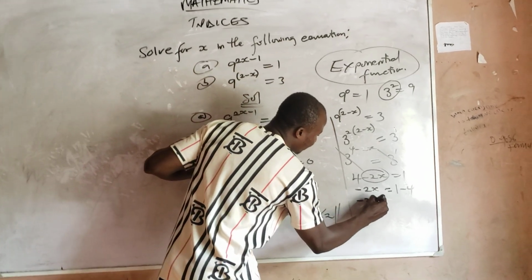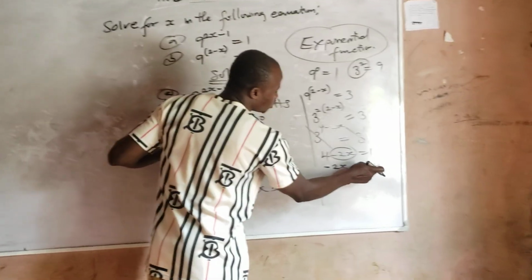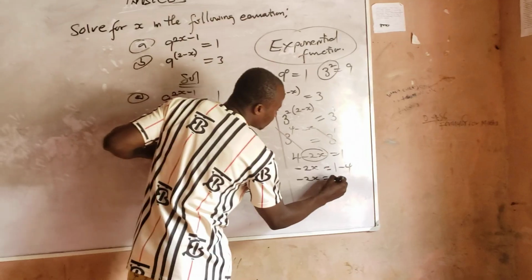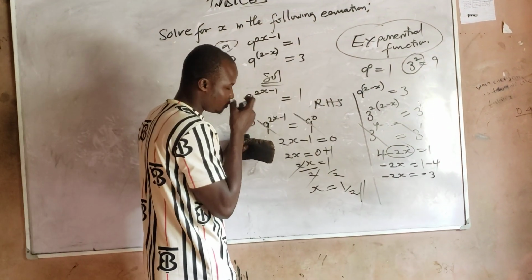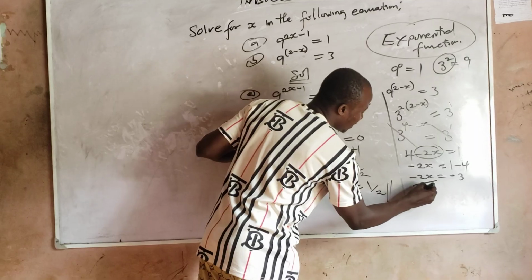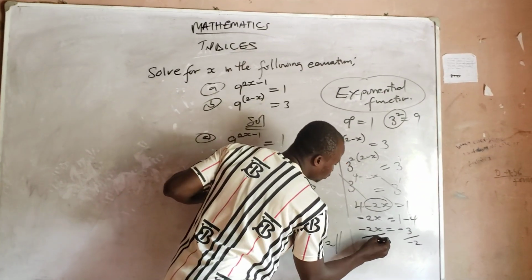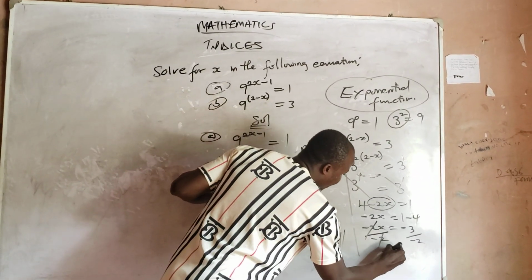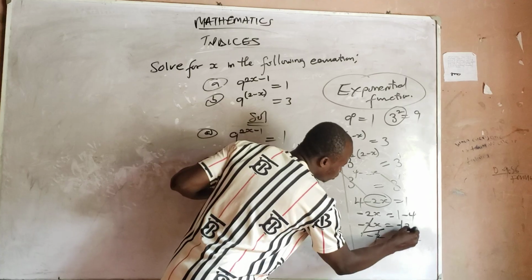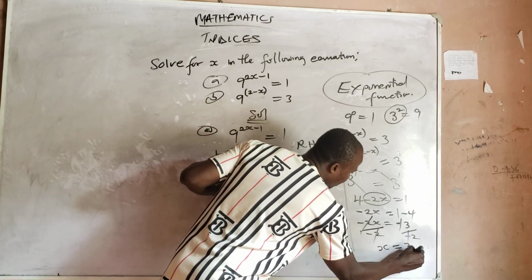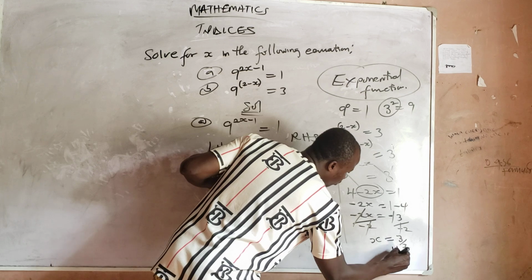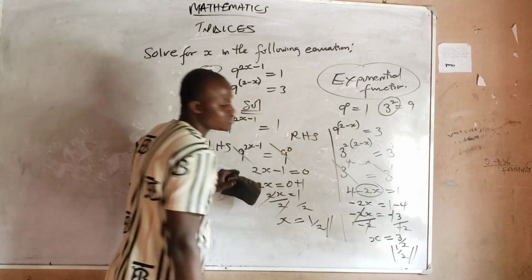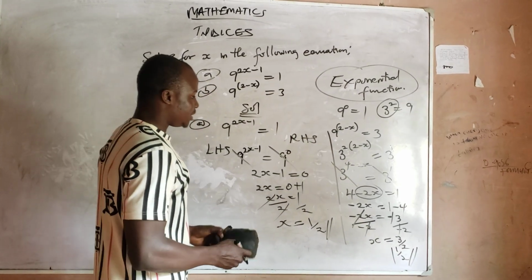Then minus 2x is equal to 1 minus 4, which becomes minus 3. So divide both sides by minus 2. Minus cancels minus, and our x becomes 3 over 2, or you say 1 and 1 over 2. That becomes our answer.